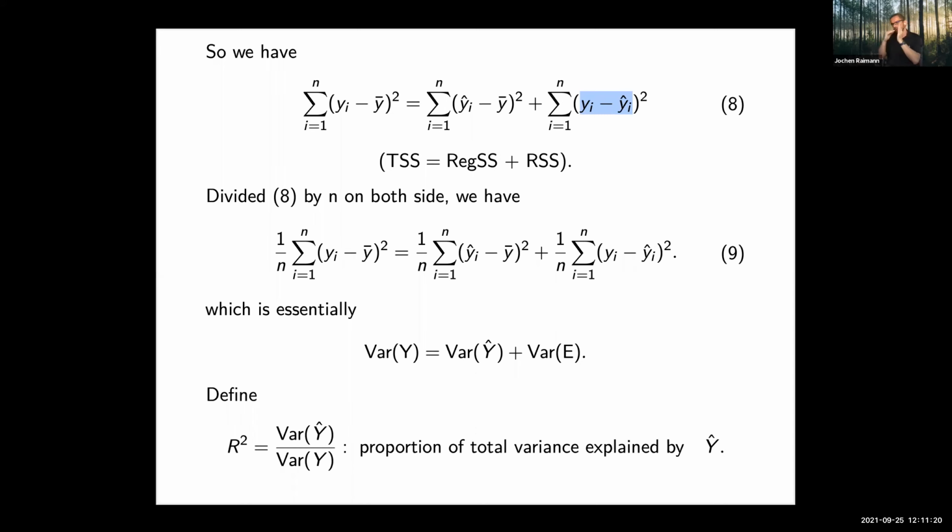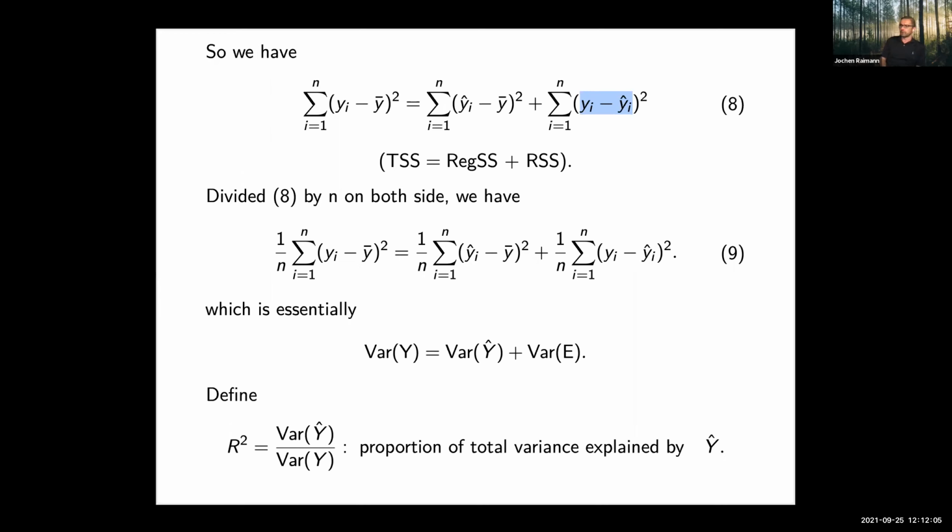So the total sum of squares is yi minus y bar, the individual data point minus the mean. Then we have the regression sum of squares, which is the predicted data point yi hat minus the mean. And then we have the sum of squares of the residuals, which is the individual data point minus yi hat. So the total sum of squares represents the sum of the regression sum of squares and the residual sum of squares.